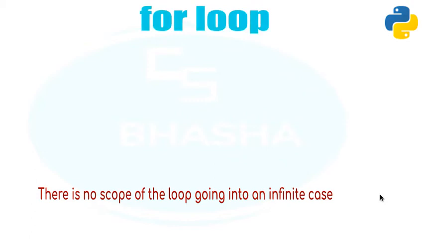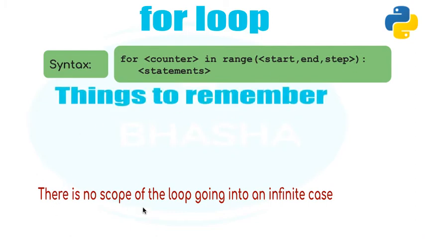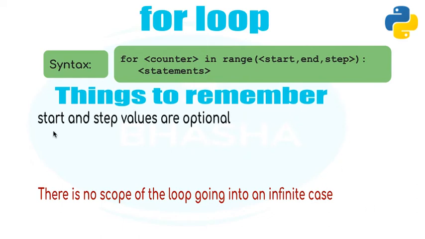So here there are certain cases I need to tell you. Remember, with for loop, there is no scope of the loop going into an infinite case. I have just shown you that case. But apart from that, there are a few more things that you need to remember apart from the syntax. Syntax I've just told you. For the variable or the Python object, a counter is used with the range function, which has starting, ending and step value, and then the statements to be executed. So apart from this important thing that the loop can never go into an infinite case, the other important things are that start and the step values are always optional.